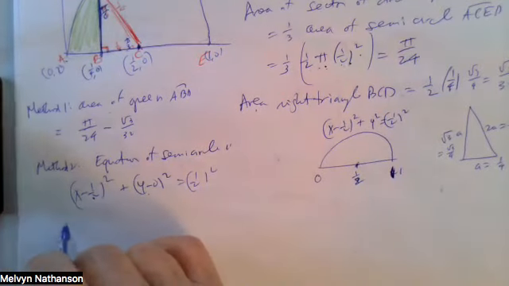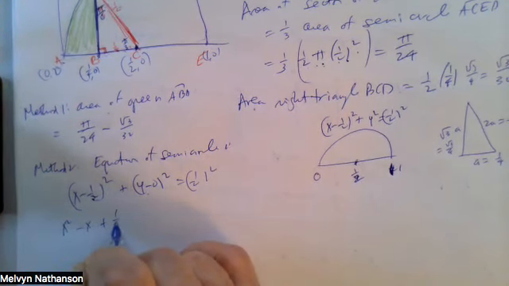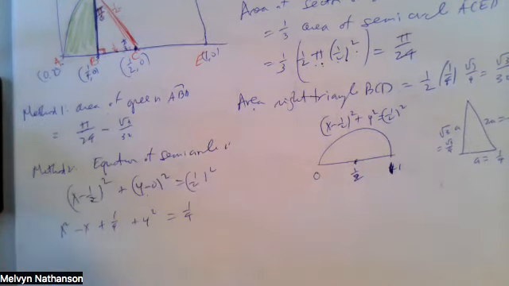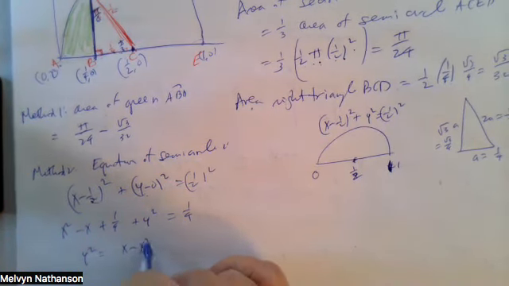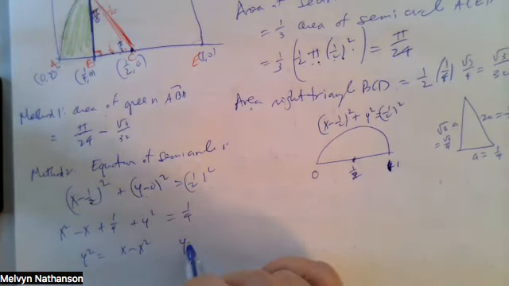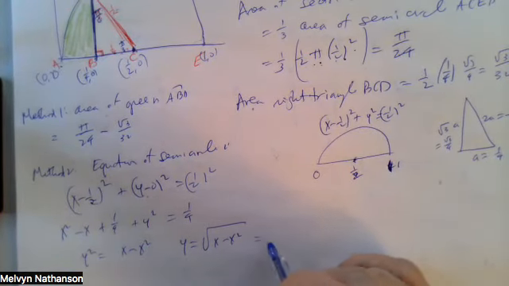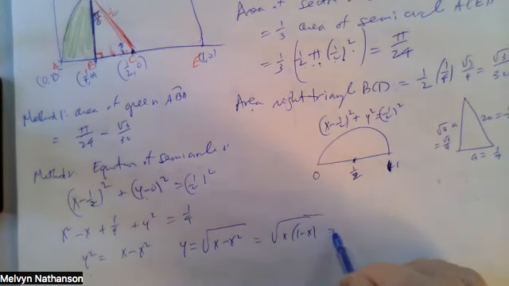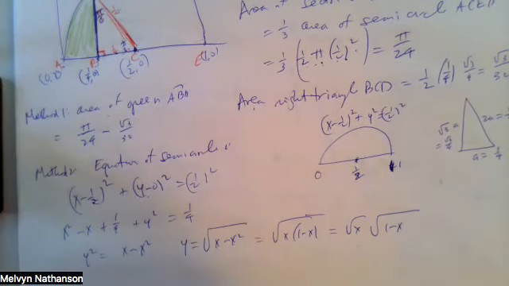If you expand this, you get x squared minus x plus a fourth plus y squared equals a fourth. So y squared is equal to x minus x squared. So y is the square root of x minus x squared, or the square root of x times 1 minus x, or the square root of x times the square root of 1 minus x.